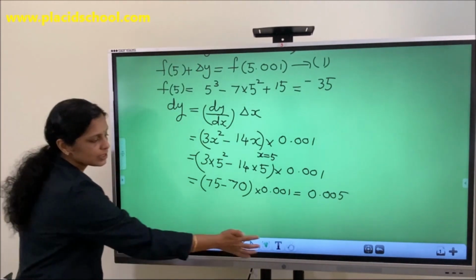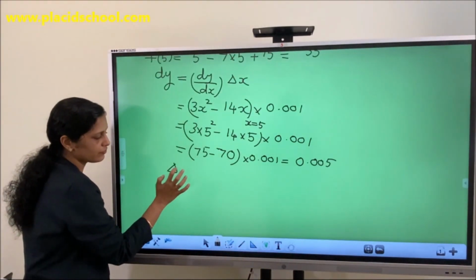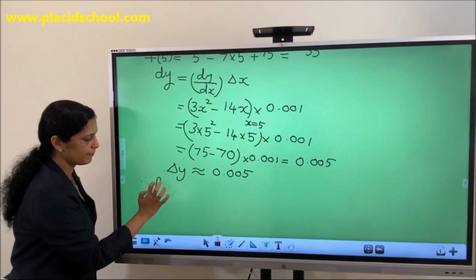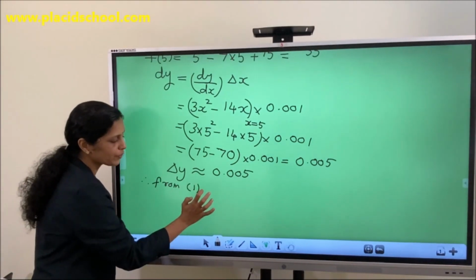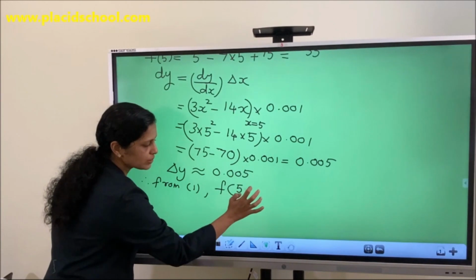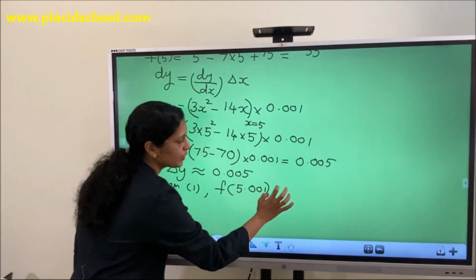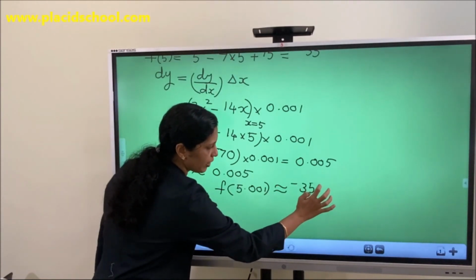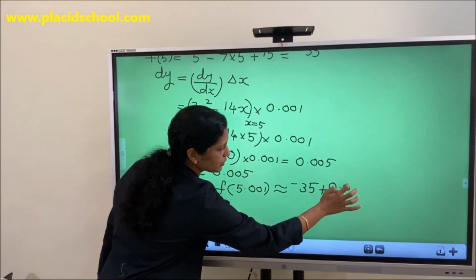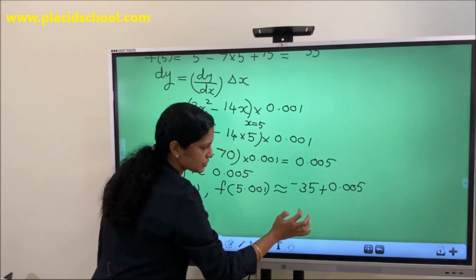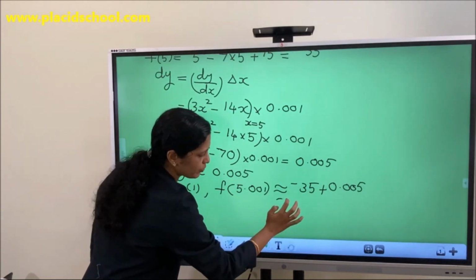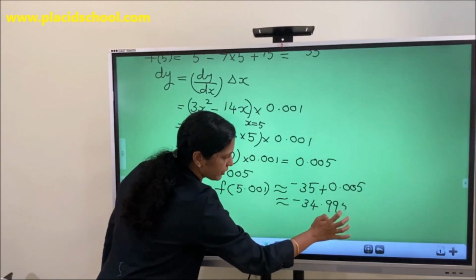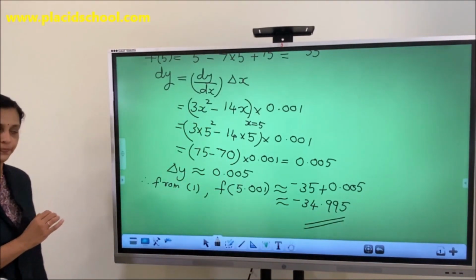Therefore, we know that the approximate value for delta y is 0.005. From equation 1, the approximate value for f of 5.001 is approximately equal to minus 35 plus 0.005. That value is approximately equal to minus 34.995. Therefore, this is the answer.